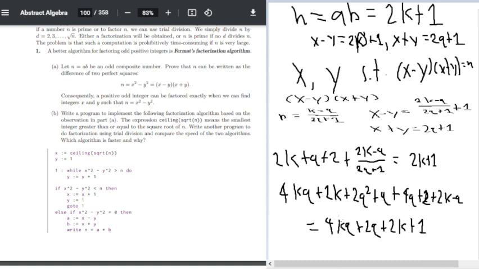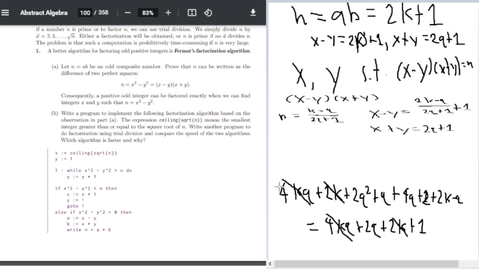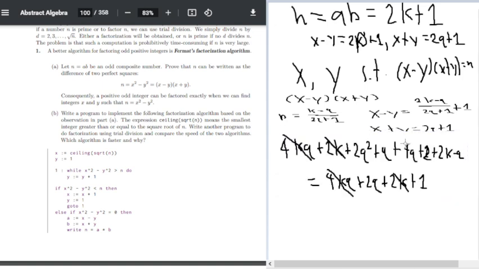So let's just get rid of like terms. We get rid of the 4kq. We get rid of the 2k. And this brings us up to here, which says that 2q squared plus q plus, I should probably just write it out in full, plus 5q, actually would be 4q because these q's cancel out.